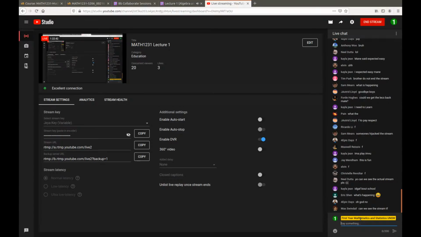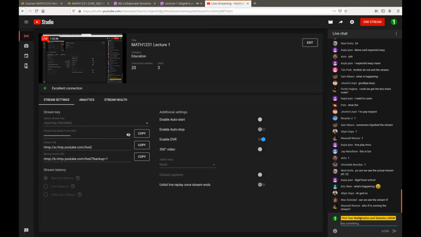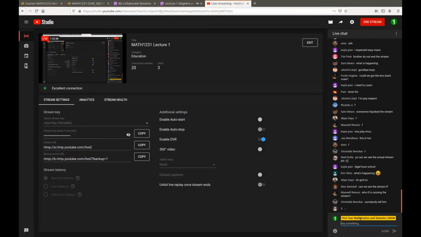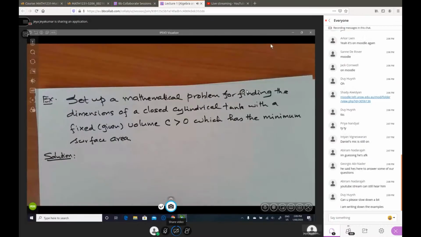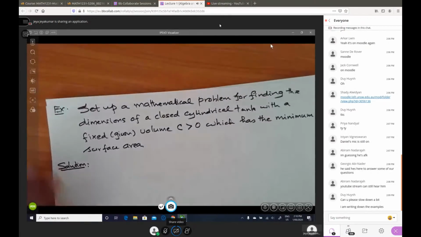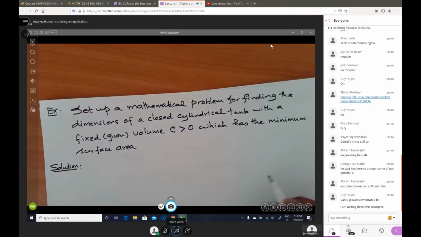Now, if you want to write a mathematical problem, we need to define variables x, y, z, and so on, and then write down equations and inequalities and conditions, and describe the problem mathematically. So the first thing is to set up the problem. Let's draw a little diagram.